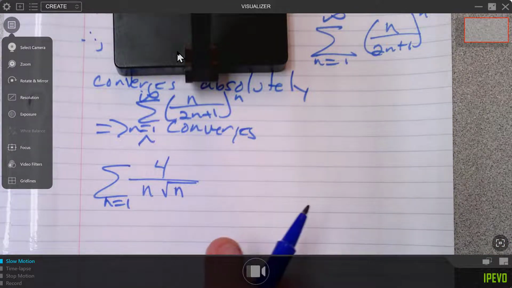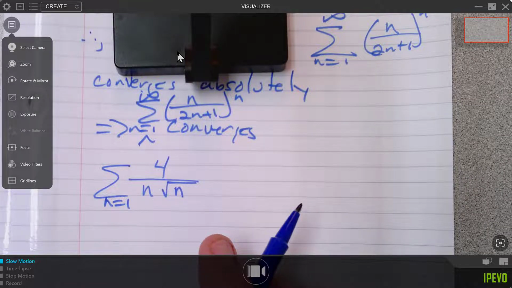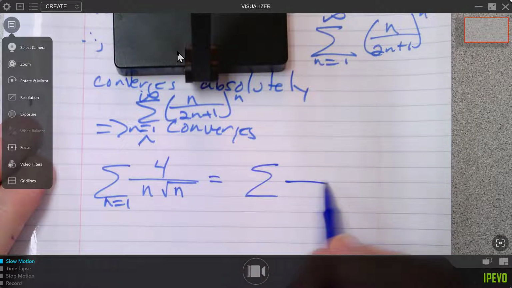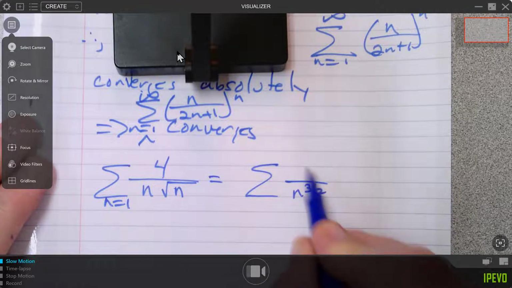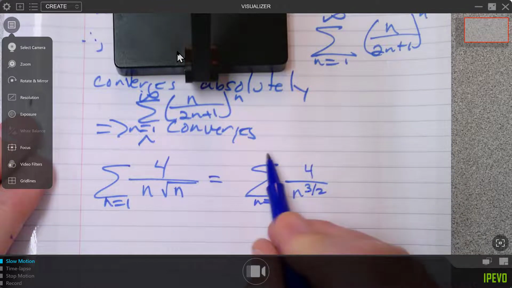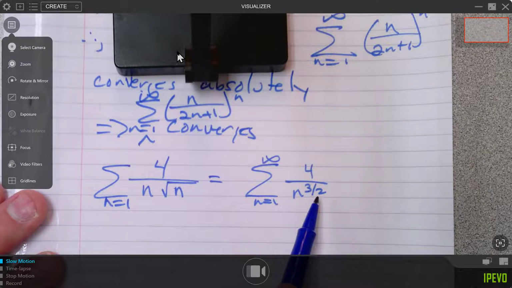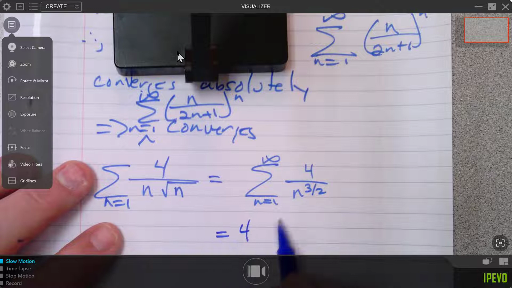Now this one is an interesting one, because the first thing I'm going to do is rewrite the denominator. And I used to think this when I was very young, but it's not a p-series. That's a multiple of a p-series. So I'm going to factor the 4 out.